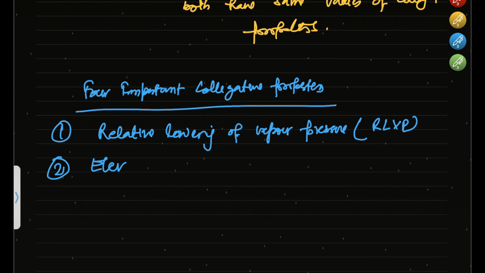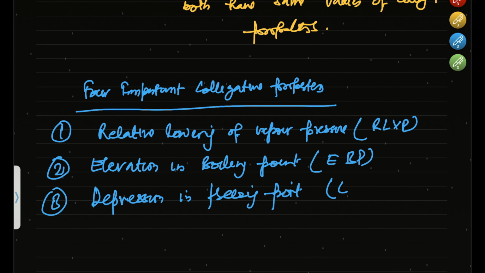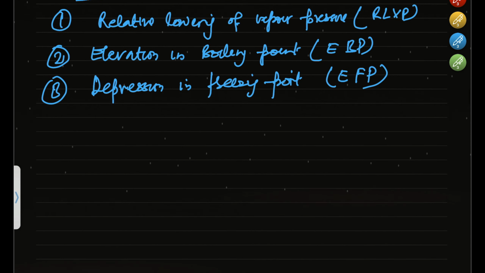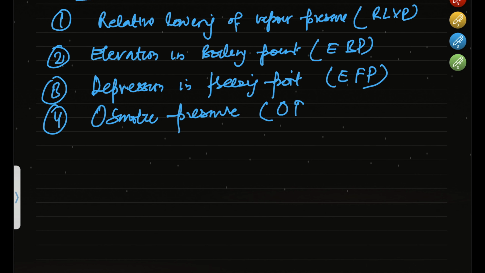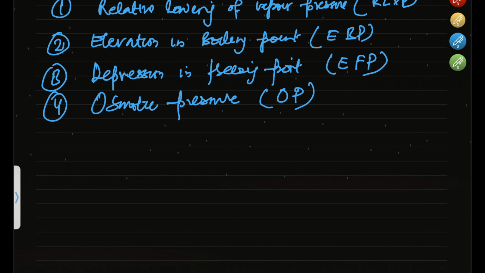Second, elevation in boiling point, in short EBP. Third, depression in freezing point, DFP. And the fourth and last, osmotic pressure, OP. So write down the first heading, the relative lowering of vapor pressure.